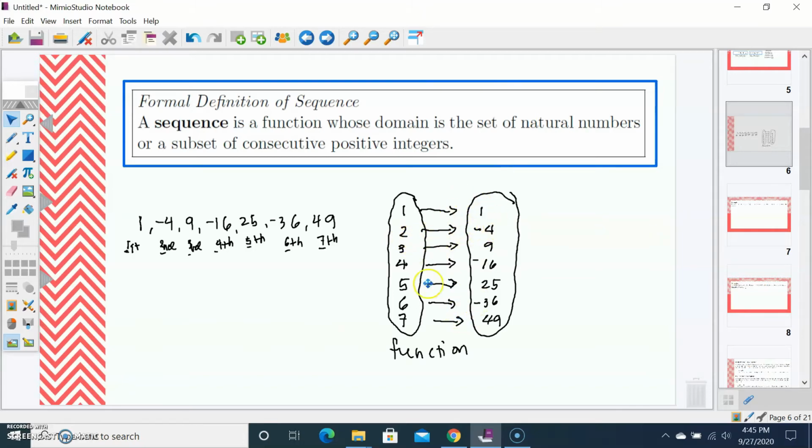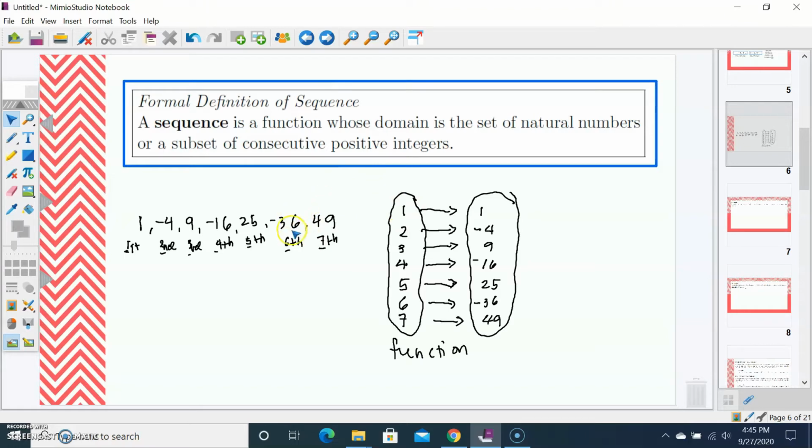So, bakit meron tayong formal definition ng sequence? Bakit hindi na lang natin i-follow yung nauna nating definition ng sequence? The formal definition of a sequence encompasses all types of sequences that we have in mathematics, in the field of math.